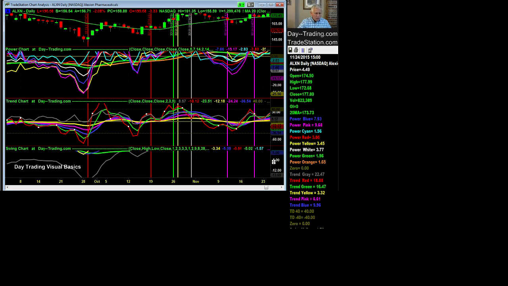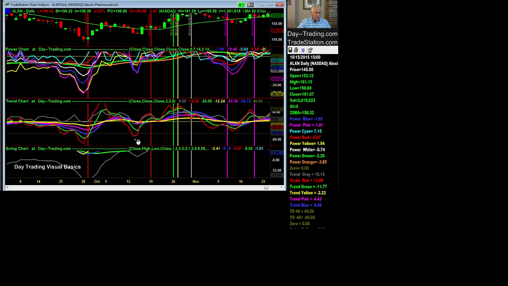What happens here too, if you can see it, your swing gray turns around on that day. That does a bottom of a cycle turn, and your green candle on this day goes from a low of 150 to a high of 161. So there's an $11 increase on that day, and you got a deep cycle that came down in your power pink.